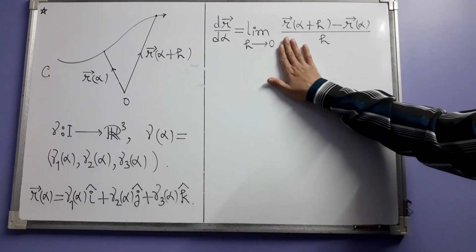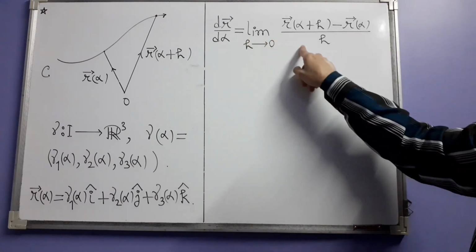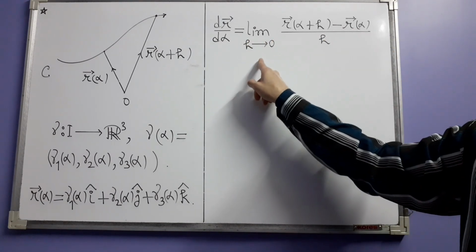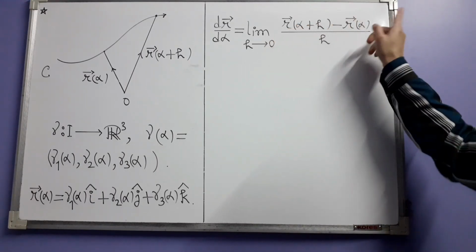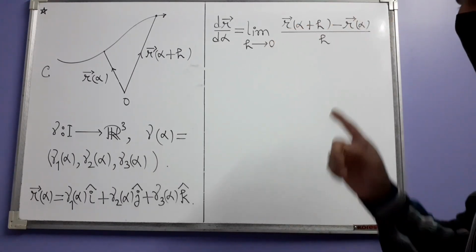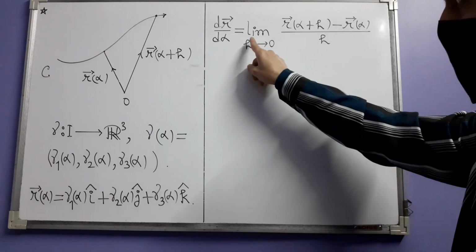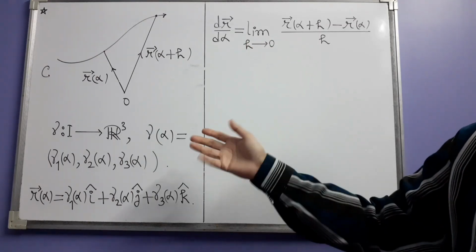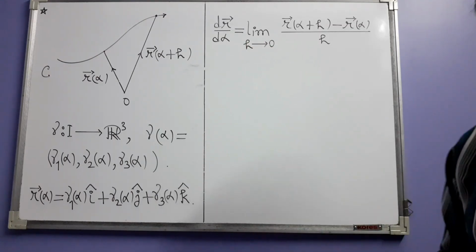Now next we come to the derivative, which by definition is this. Limit h tends to 0 of r of alpha plus h minus r of alpha, divided by h. I think in the original definition I used delta alpha here. You can use any name, it's a variable after all.